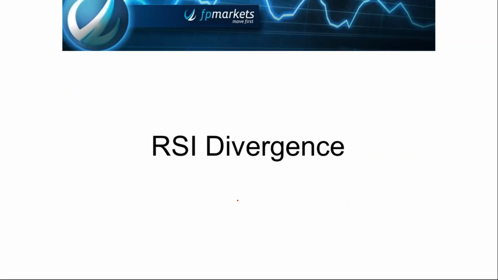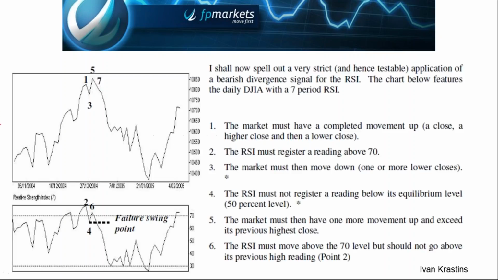One of the other things that we talk about quite a bit is RSI divergence. In the go-to box that's on your screen, there are two handouts. One of them was an article written by Ivan about RSI divergence, and I've got a couple of slides here out of that article.